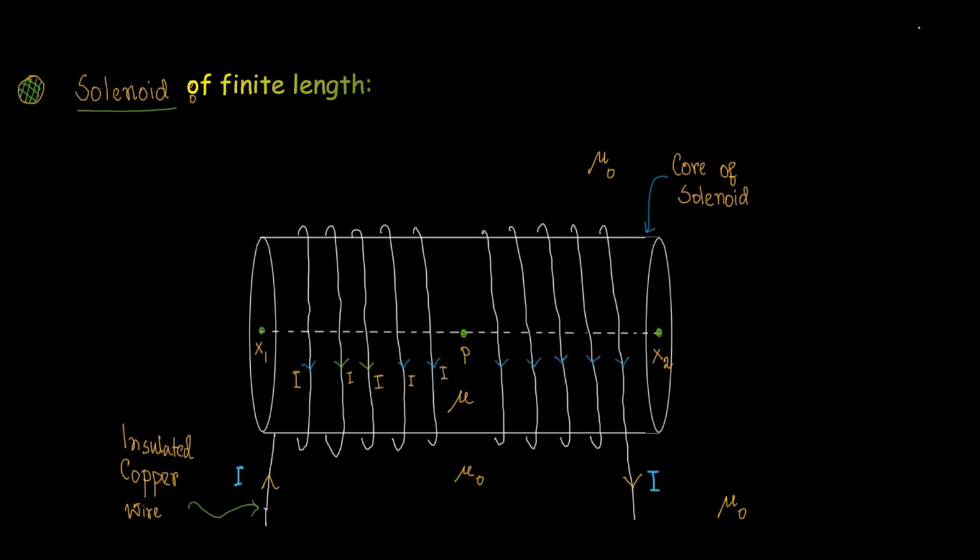If it is observed from the front face of the cylinder, I is the current flowing through each turn of the solenoid. This is the solenoid with a finite length.